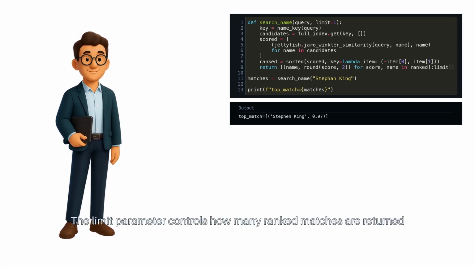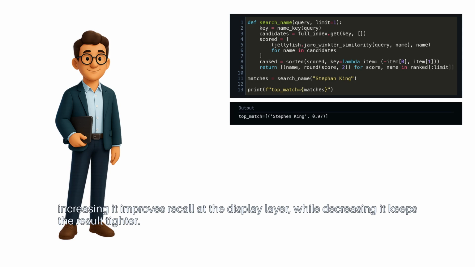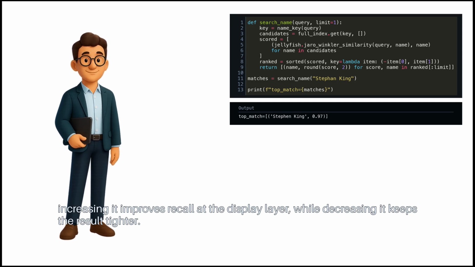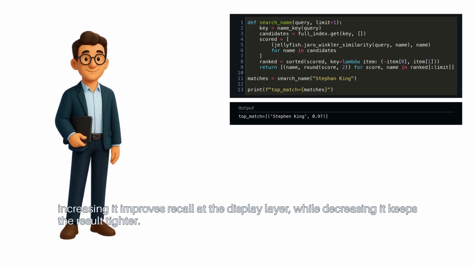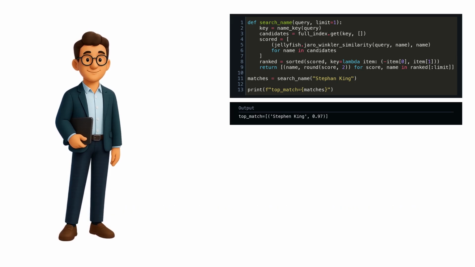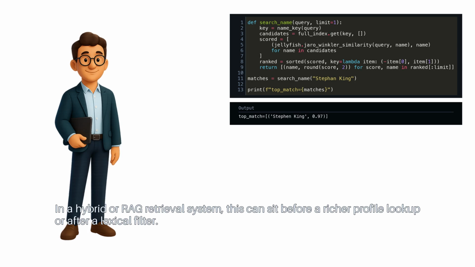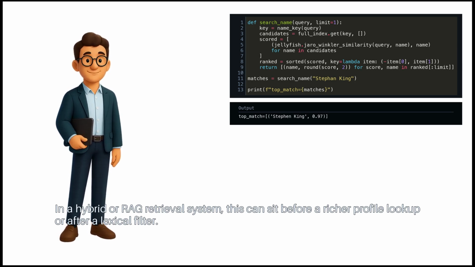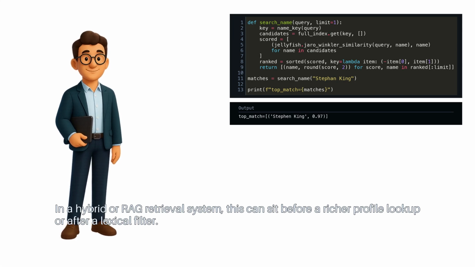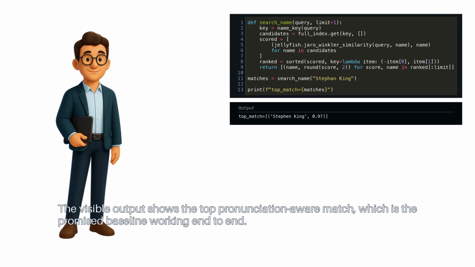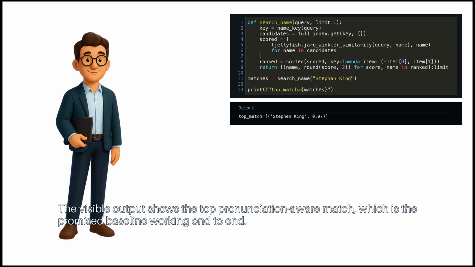The limit parameter controls how many ranked matches are returned. Increasing it improves recall at the display layer, while decreasing it keeps the result tighter. In a hybrid or RAG retrieval system, this can sit before a richer profile lookup or after a lexical filter. The visible output shows the top pronunciation-aware match, which is the promised baseline working end-to-end.